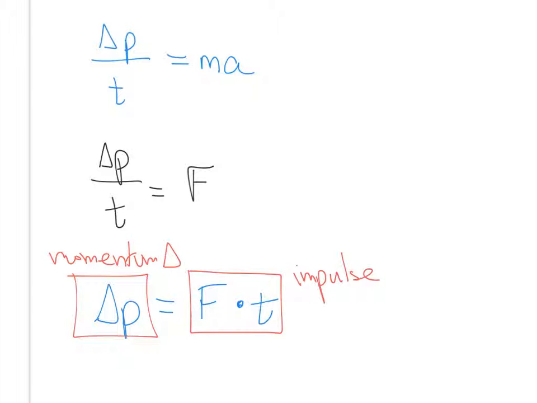Now, if instead of just going like this and applying a force for a quick second, I apply that same force for longer, what happened? It also acquired more momentum or more velocity. So if I either increase the amount of force I apply, momentum goes up, or if I increase the time period that the force is applied for, momentum goes up.